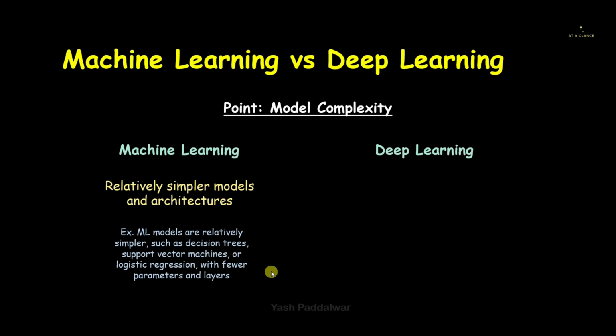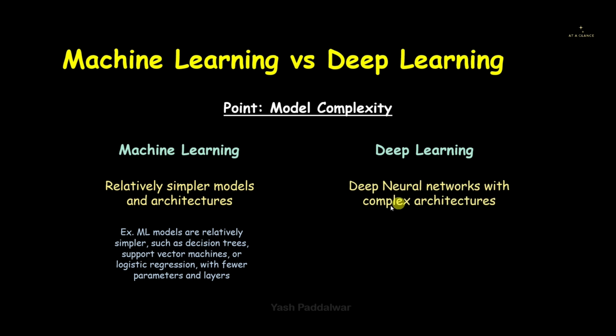It doesn't mean that every single model in machine learning is simpler. A support vector machine with a larger number of parameters becomes complex. But generally, when comparing machine learning and deep learning, machine learning models are relatively simpler and their architectures are also not complex.